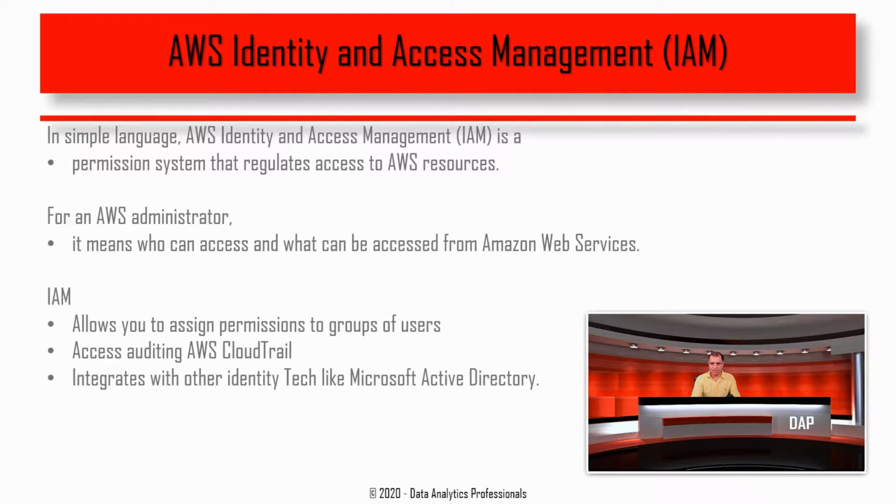Now, in simple language, AWS Identity and Access Management is a permission system that regulates access to AWS resources. For an AWS administrator, it means who can access and what can be accessed from AWS.